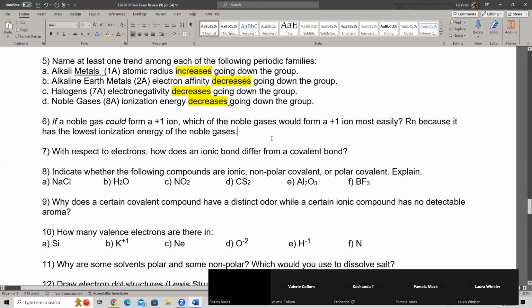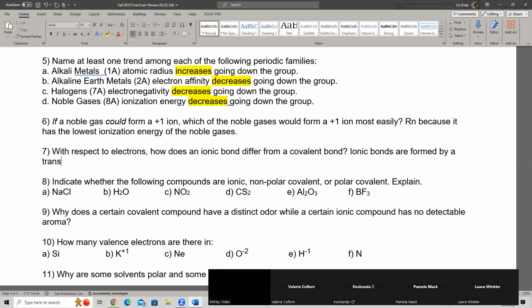With respect to electrons, how does an ionic bond differ from a covalent bond? You remember this? Ionic bonds are formed by a transfer of electrons from the metal to the non-metal.